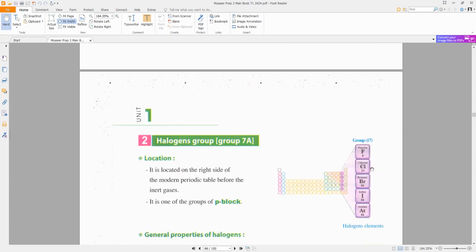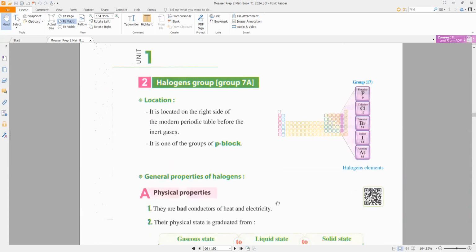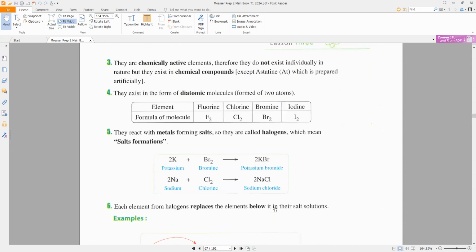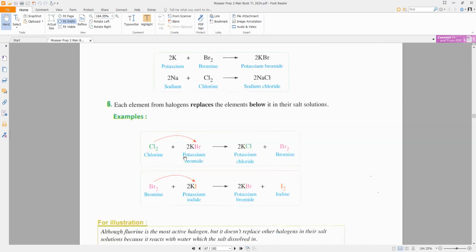When chlorine reacts with a salt that contains bromine, such as potassium bromide, it replaces the bromide and forms potassium chloride, and bromine is left in the reaction because bromine is less active than chlorine.